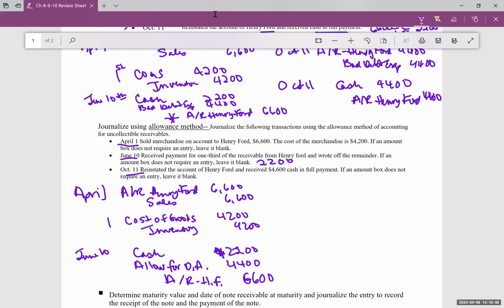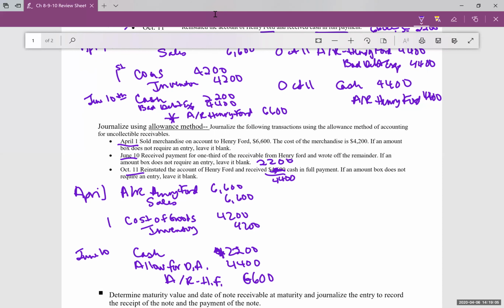All right, then October 11th rolls around, and they received the $4,600. That should actually be $4,400. They received the $4,400.